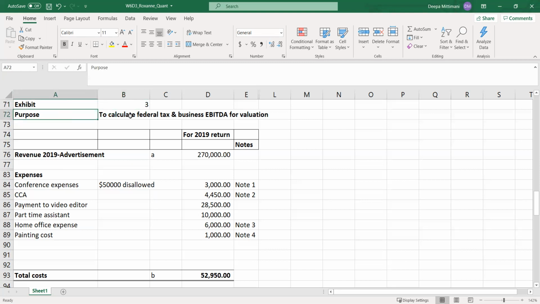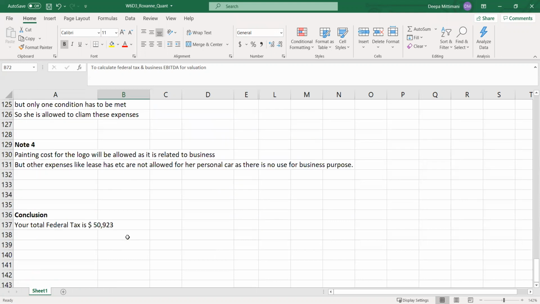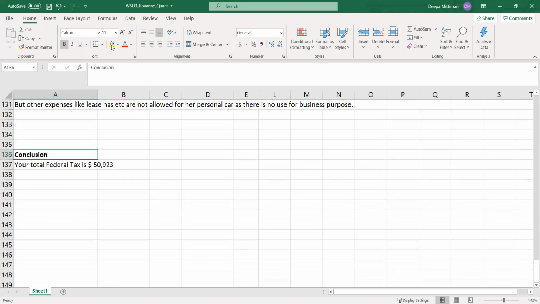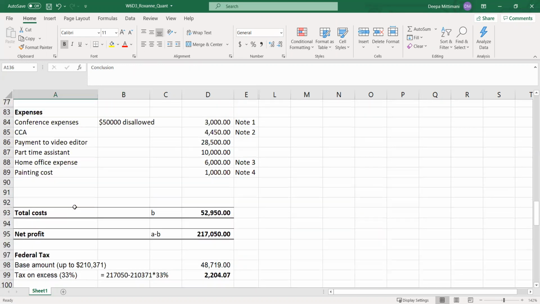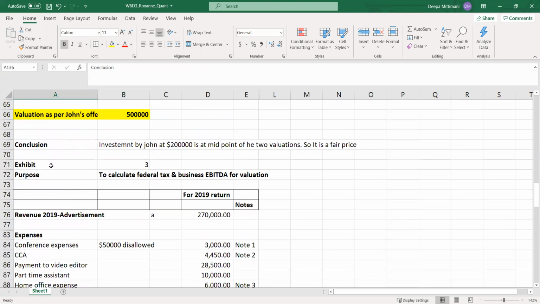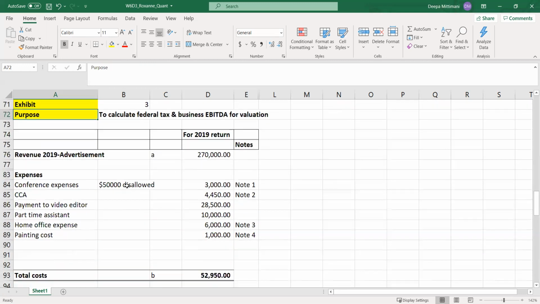Here I'm calculating the federal tax and business EBITDA for another AO, but the main purpose of this exhibit is to calculate federal tax. And one more important thing is the conclusion. All these three things should be there: the exhibit number so that it can be cross-referenced, then the purpose and the conclusion. It should be there in all your Excel calculations.